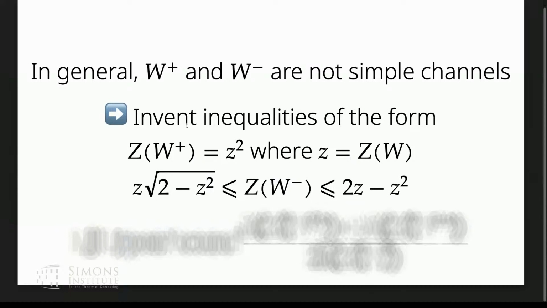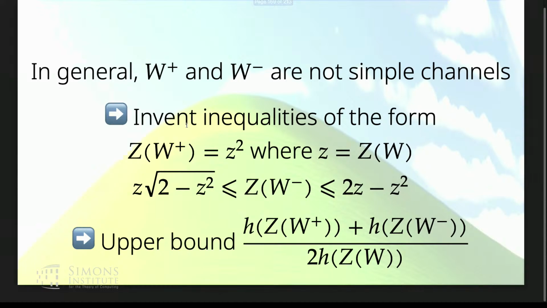Okay, so it becomes a different problem when it comes to upper bounding this quotient, because now you look at this quotient: the denominator is 2h of z, and the numerator, one of it, is going to be h of z squared, which is what we had in the past.